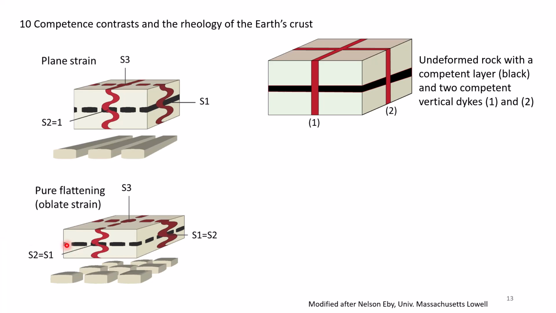First, our competent layer parallel to S1 and parallel to S2 would undergo chocolate block boudinage, because the stretching in this S1 direction is as large as it is in this S2 direction. That means our competent layer undergoes vertical shortening and it's segmented along two perpendicular necklines into these rectangular chocolate block boudins.